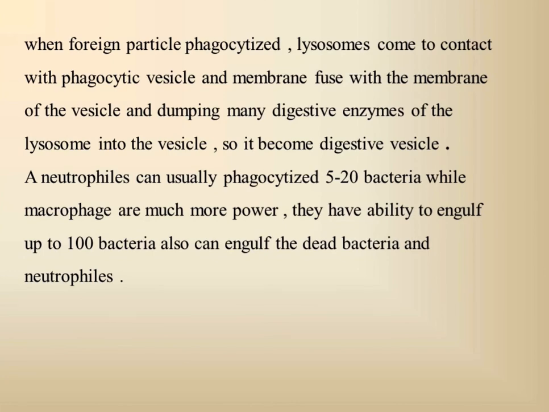It has the ability to engulf up to 100 bacteria, and also to engulf dead bacteria and dead neutrophils. So the macrophage, although it is considered the second defense line, is more powerful than neutrophils and can engulf up to 100 bacteria, as well as dead neutrophils and dead tissue, whereas the neutrophil can only digest 5 to 20 bacteria. Although the neutrophil is the first defense line, it is responsible for phagocytosis first.